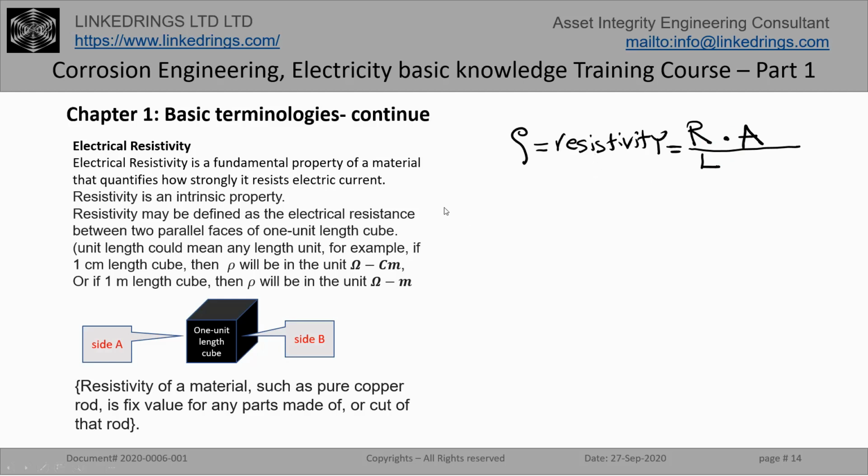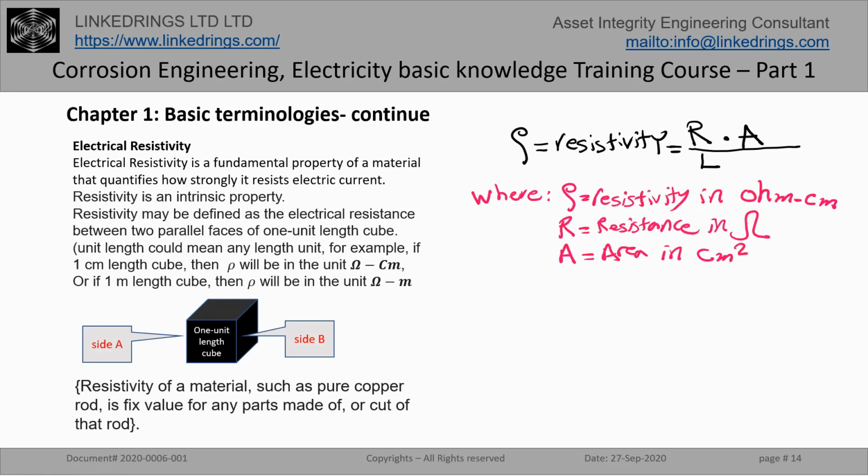If you don't understand this, it's fine. So resistance R is in ohms, area is in square centimeters, and length is in centimeters. All the units which we are using here should be consistent.